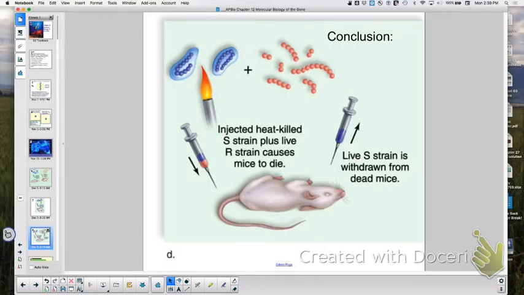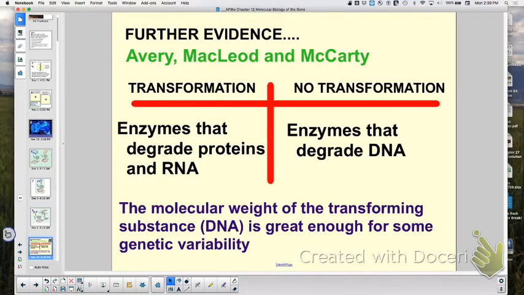Okay? So then we have the law firm. They're not really a law firm. We're just using them to remember. Avery, McLeod, and McCarty, right? Those 3 took it a step further to find out what was actually doing the transforming. They used enzymes that would degrade proteins, in case that was the transforming something, or degrade RNA, if that was the genetic code.